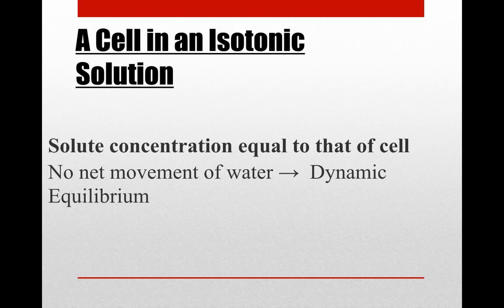So there's no more of one direction into or out. The same amount that goes in is the same amount that goes out. So even though the water is crossing, it's crossing at a constant rate, which is known as dynamic equilibrium. So it means that the cell's not going to get bigger or smaller. It's just water moving in and out at an equal rate.